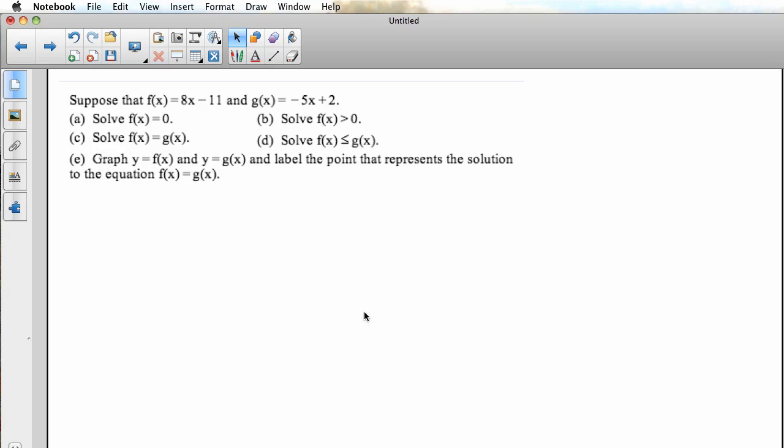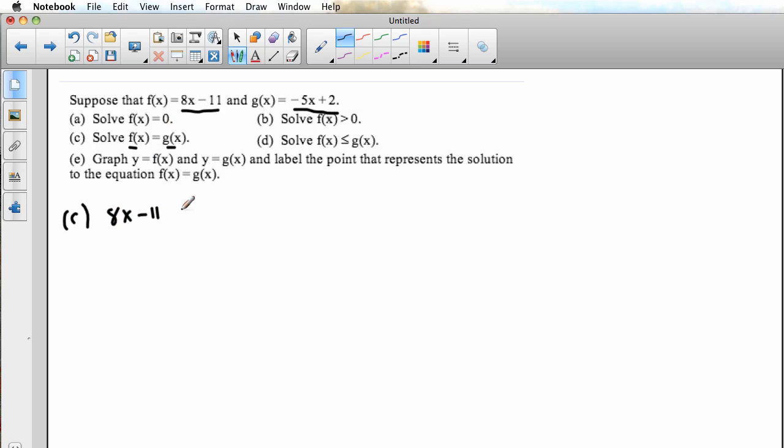So again, in part C, we can answer this just by substitution without really giving it a lot of thought. It's asking when f of x and g of x are equal, and we're given an expression that's equal to f of x and an expression that's equal to g of x. If I just substitute for f of x and for g of x, I can make this look like a generic algebraic expression.